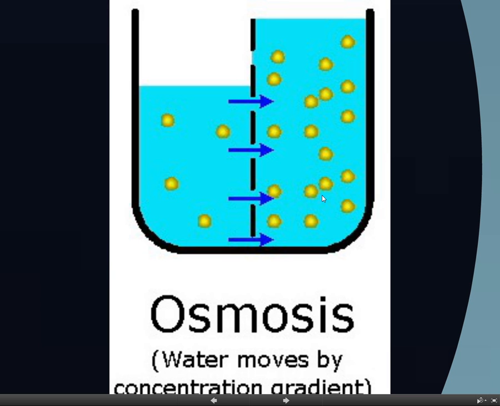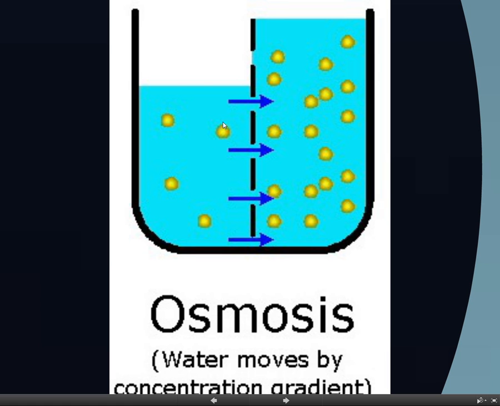So the yellow solutes, in this case things that are dissolved in the water, are stuck on this side, and the ones on this side are stuck on this side. So we're not going to get any movement of our yellow solute here. But water can move down its concentration gradient.